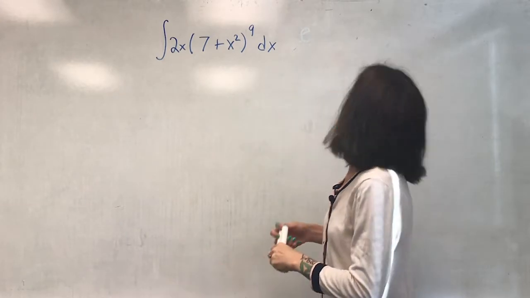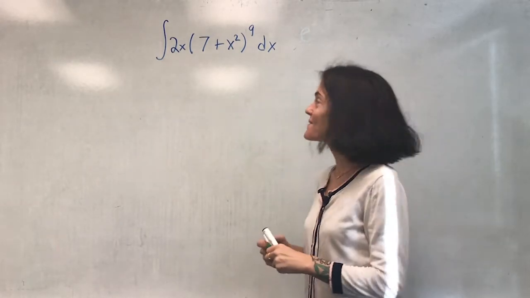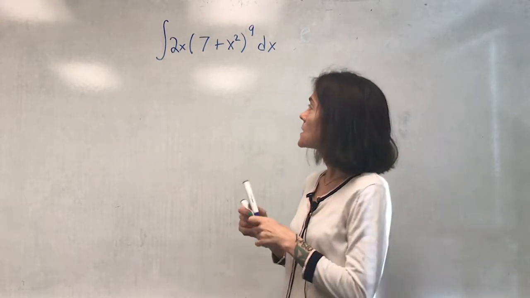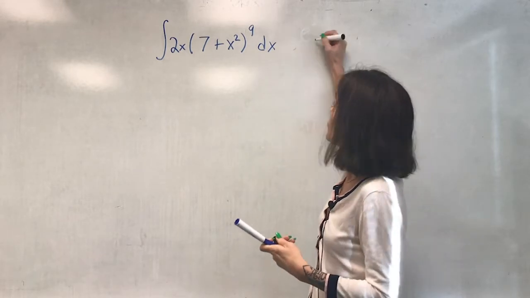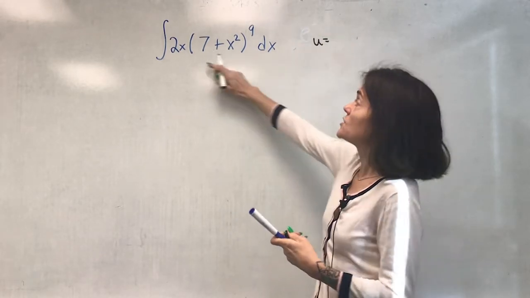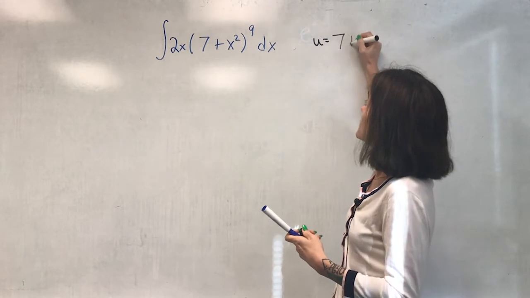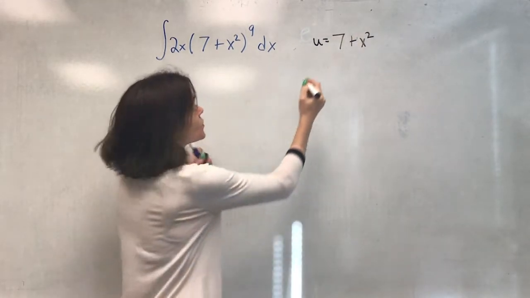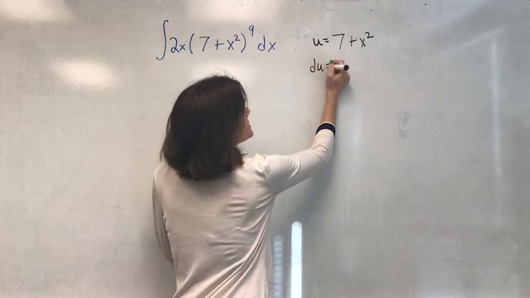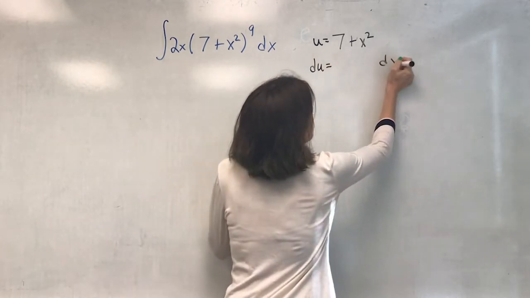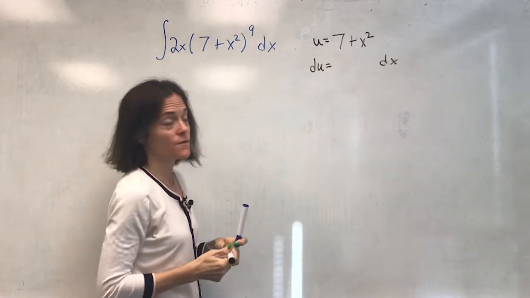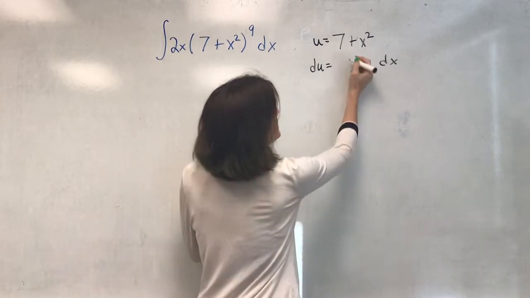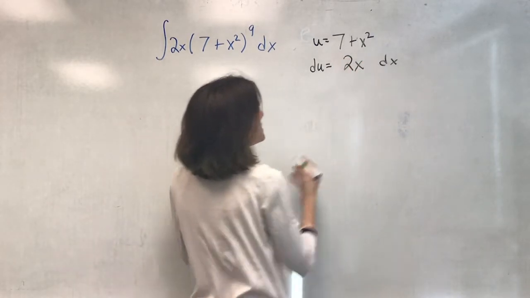Okay, so I am going to write out all of the steps. First here we need u, which is our inside function. Then we must calculate du, and du is the derivative of this function times dx, and this has derivative 2x.